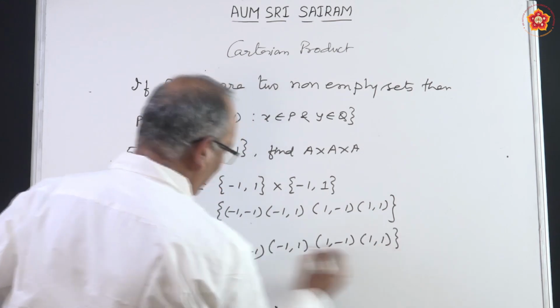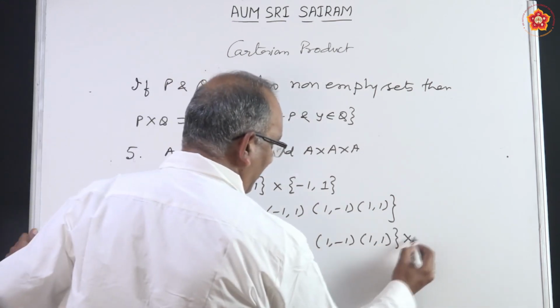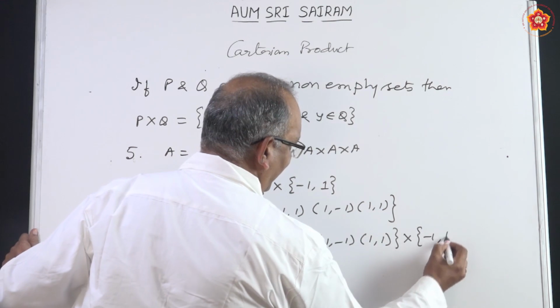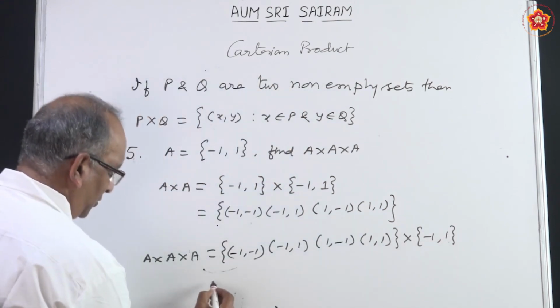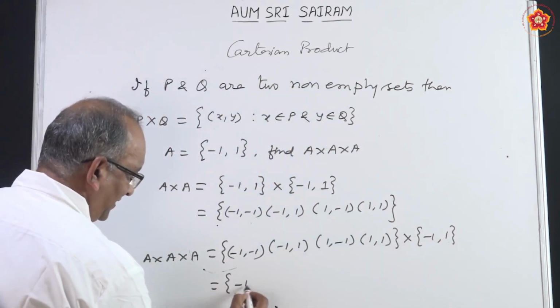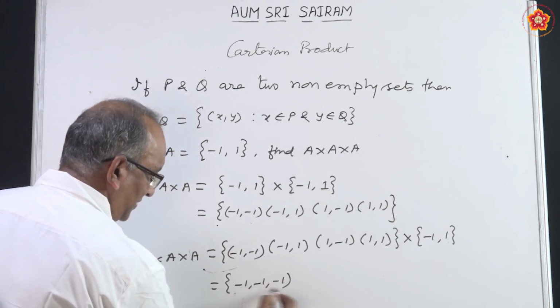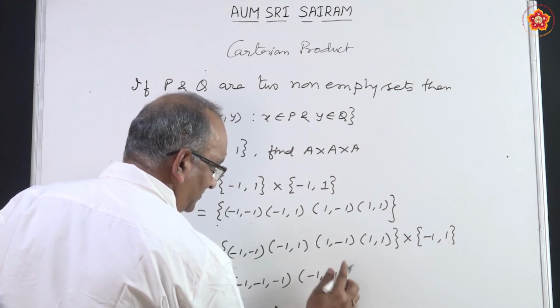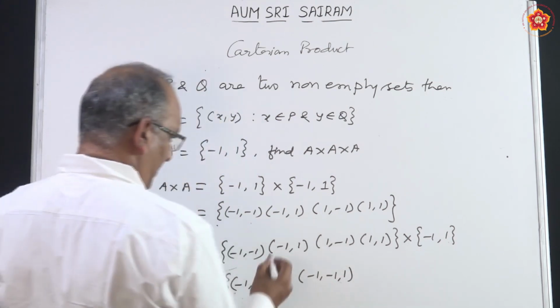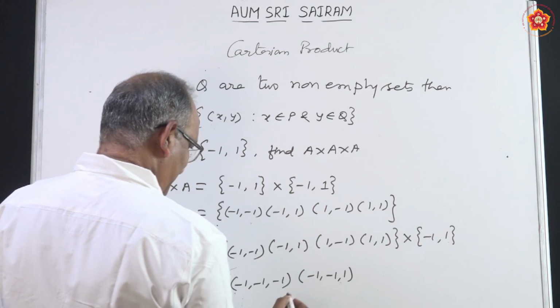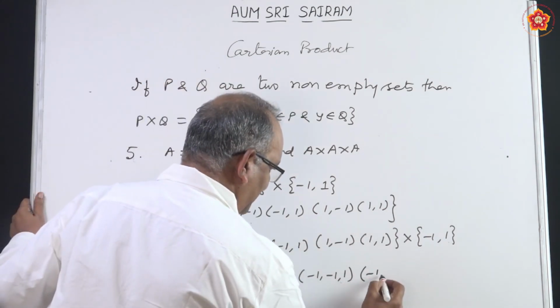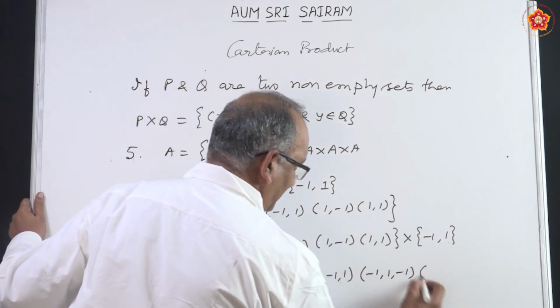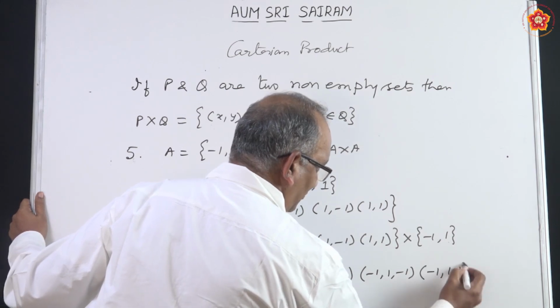So this is A cross A into {-1, 1} again. So what are the elements? (-1, -1, -1), (-1, -1, 1). This one with that: (-1, 1, -1), (-1, 1, 1).